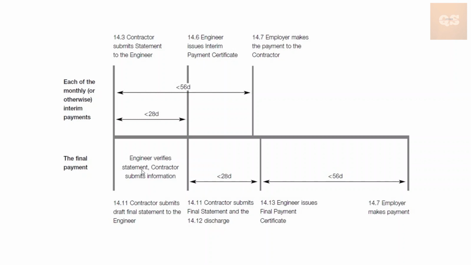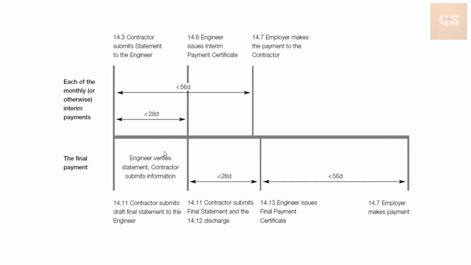But in the final payment stage, initially a draft is submitted, and then there is a gap of 28 days where the engineer or the consultant will verify the statement and study in detail the different documents being submitted, the different claims, the calculations, and all the information and valuations. After that, the engineer will give his feedback to the contractor, and using this feedback, the contractor will submit the final statement. So this is the draft statement.